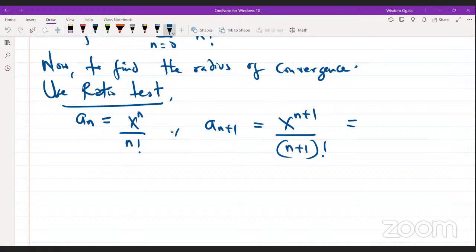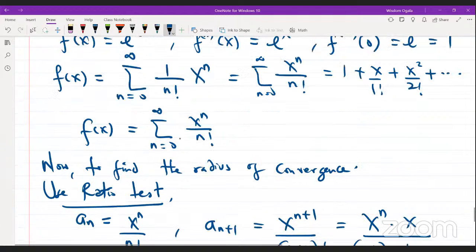Because I want to do the Taylor series, I like to first simplify my a sub n plus 1 so that life becomes easy: x to the n times x, and you do this by indices. We have seen this before, how to deal with factorials. When you have n factorial, that means n times, keep decreasing by 1 until you get to 1.